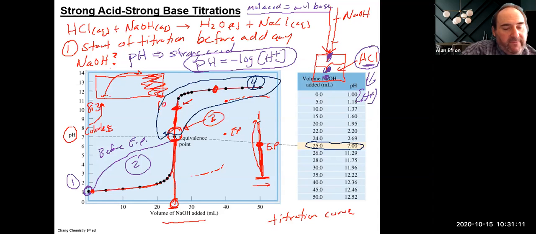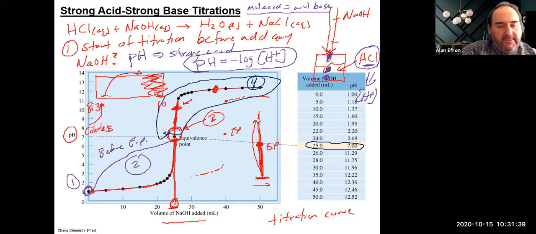So there's really four distinct areas usually in a titration curve, specific for this type of titration, a titration between a strong acid and a strong base. That should allow you to calculate the pH anywhere along the titration curve.